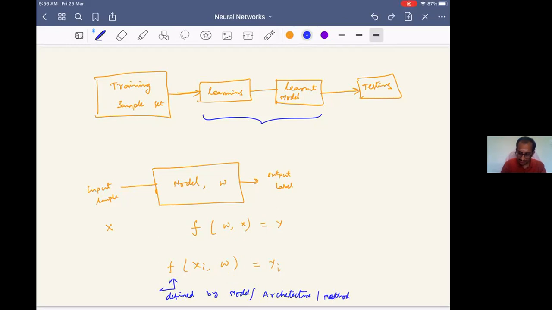W are the parameters of the model, and these are supposed to be learned. And what is this? These are the labels. And what are these? These are the input samples.